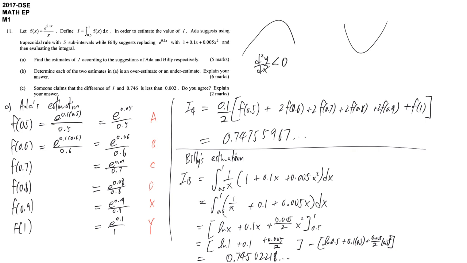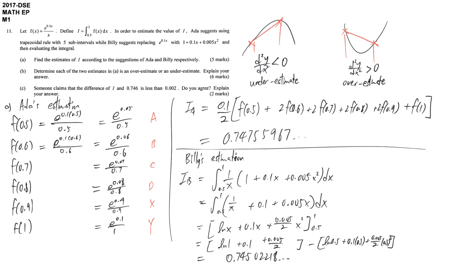In this case, if we connect 2 points together, there is some space that we didn't calculate, so this is underestimated. In reverse, if the slope of the curve is increasing when x increases, then if we connect any 2 points, we calculate more space than we need. Therefore, when d squared y over dx squared is larger than 0, our result is overestimated.